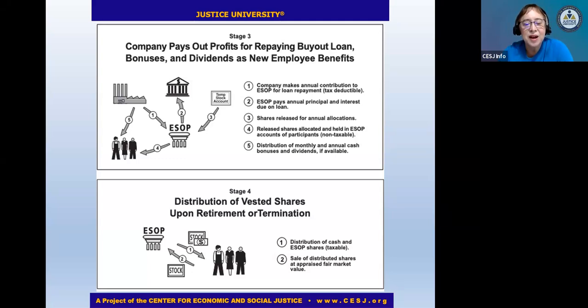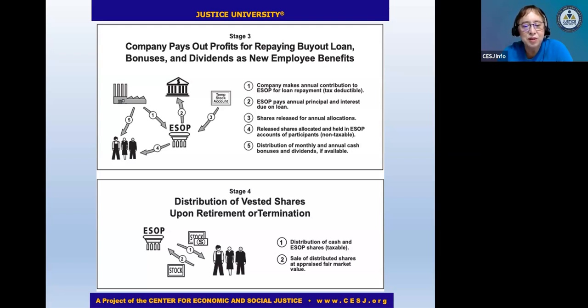And then at the very end of the process, and I kind of skipped over the notion of vesting, and that just means when you're entitled to the full ownership rights over your shares. And this is flexible within the ESOP. But the notion is if you have any unvested shares, you're not entitled to the value of them.